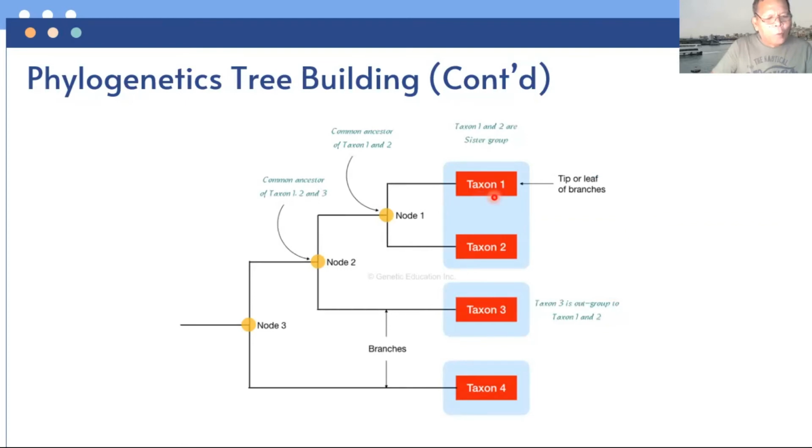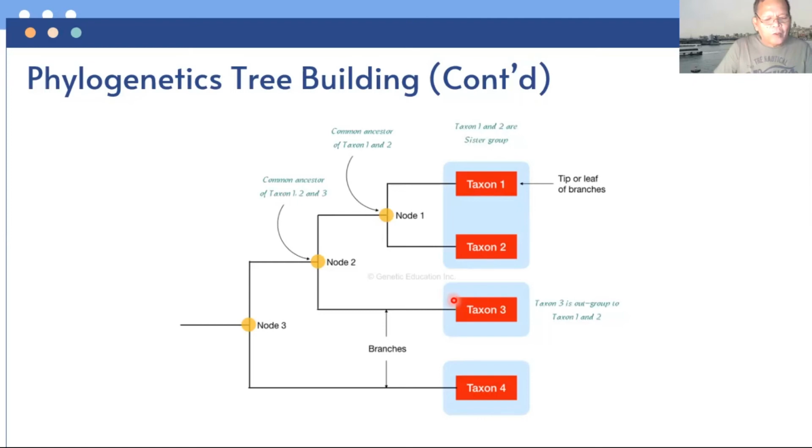Here, taxon 1 and taxon 2 are considered a single taxa and sister group because of having the common ancestor. The taxon 3 is considered as the outgroup to the entire group. Furthermore, node 1 is the common ancestor point for taxon 1 and 2, while node 2 is a common ancestor for node 1 and taxon 3.